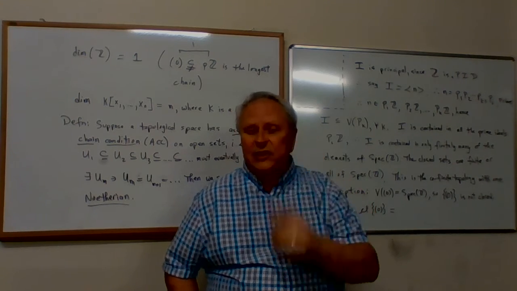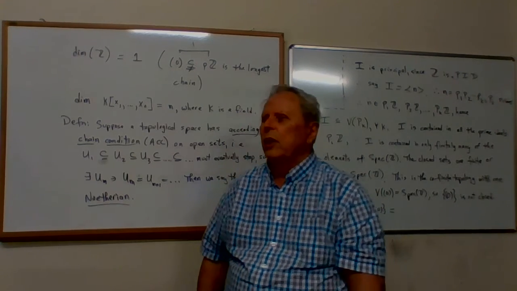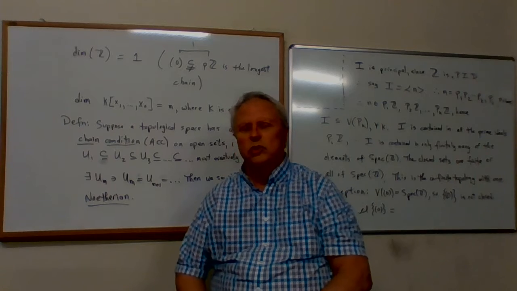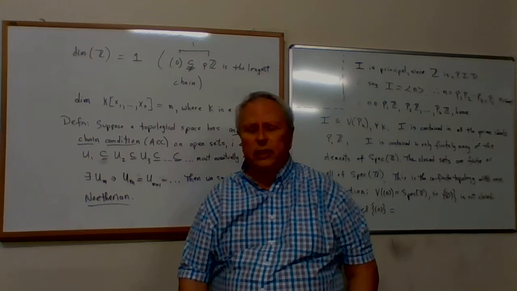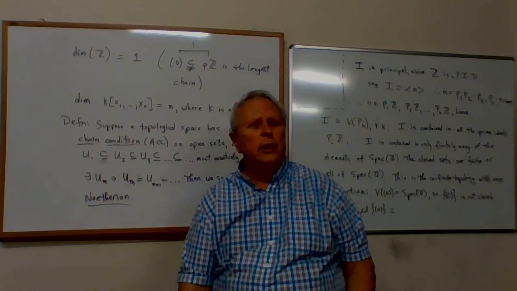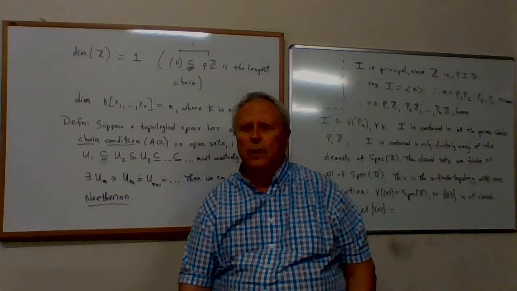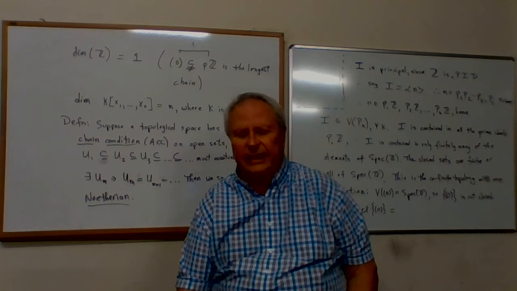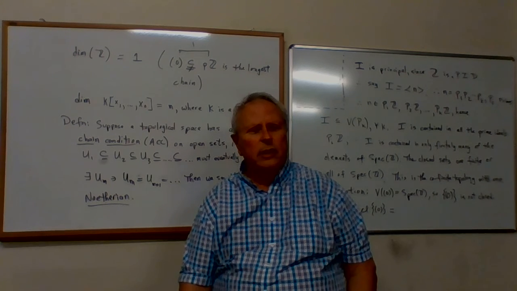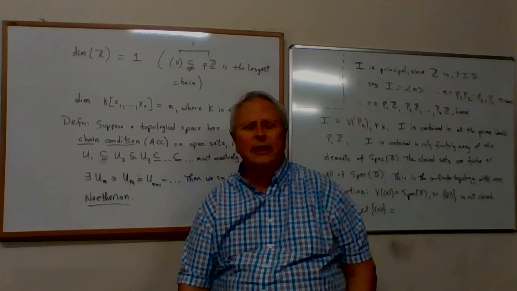There's also a descending chain condition, and we're not going to be so concerned with that here. Context is just a little different. But in ring theory, if you have the descending chain condition, the ring is said to be Artinian, named after a mathematician that you probably remember well, Emil Artin.